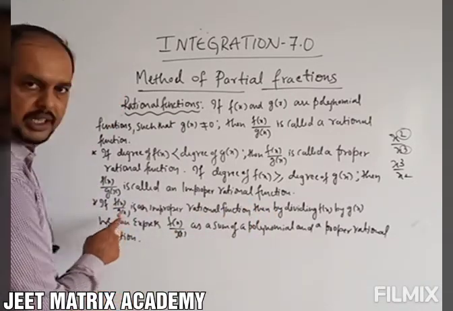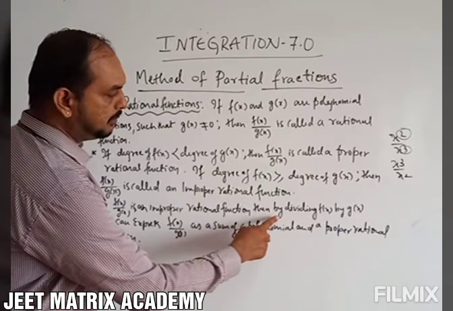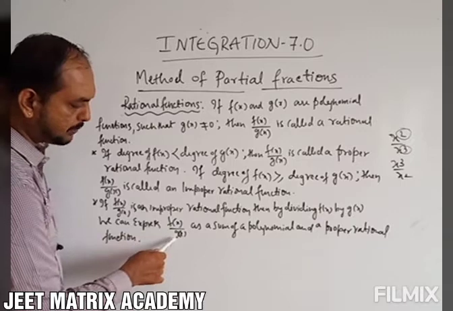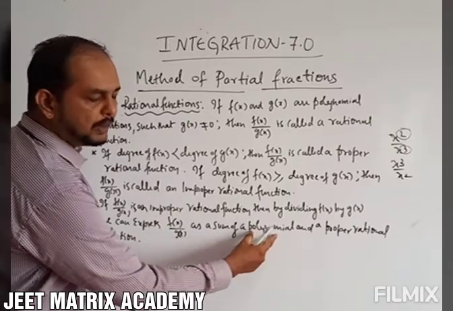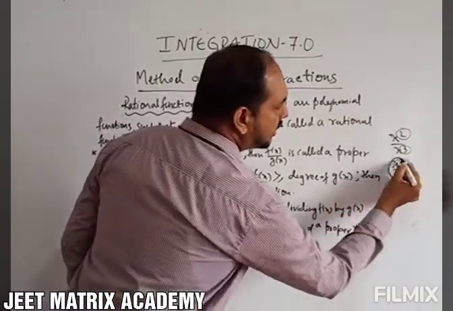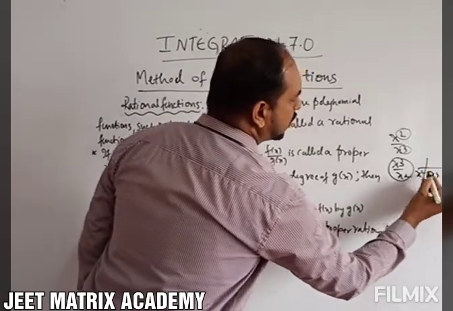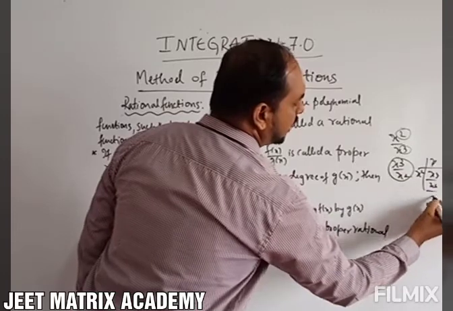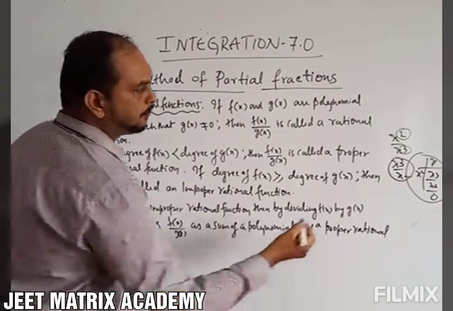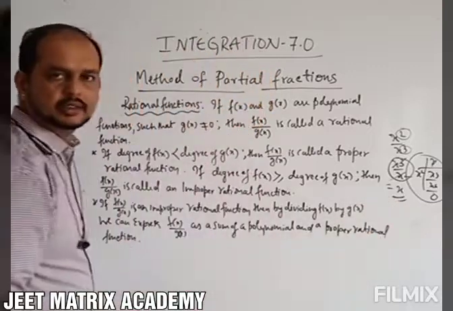If f of x by g of x is an improper rational function, then by dividing f of x by g of x, we can express f of x by g of x as the sum of a polynomial and a proper rational function. Here we can directly divide, x cube by x square, so x square cancels and what is left is x.